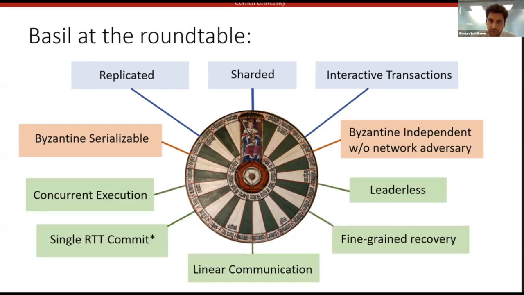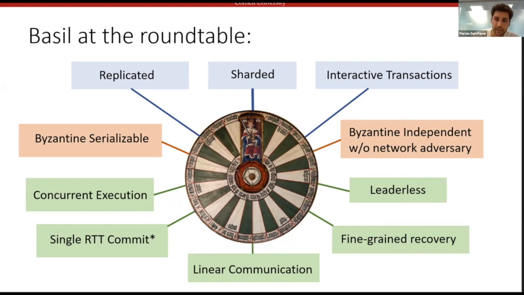On the performance side of things, Basil offers several desirable properties, including concurrent execution of transactions rather than sequential execution. It allows transactions to commit across shards in just a single round trip when there's not too much contention. It does so while maintaining linear communication complexity and avoiding the potential scalability bottlenecks, as well as the fairness ones of a leader.